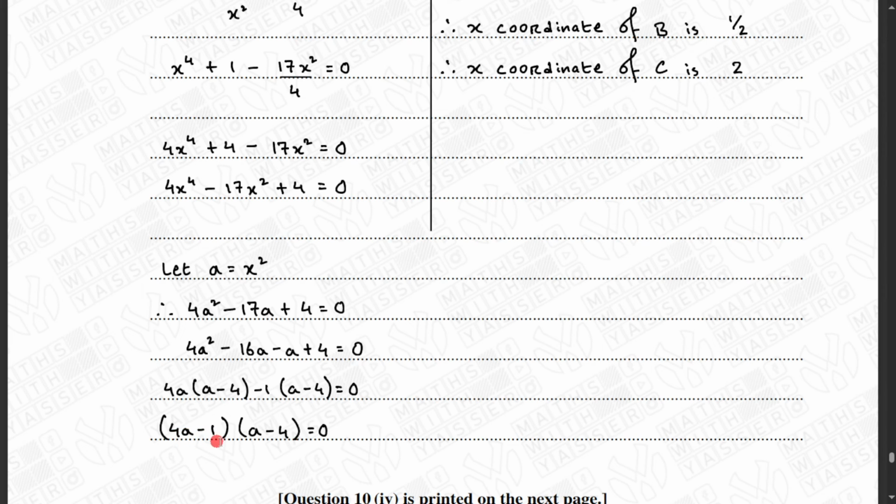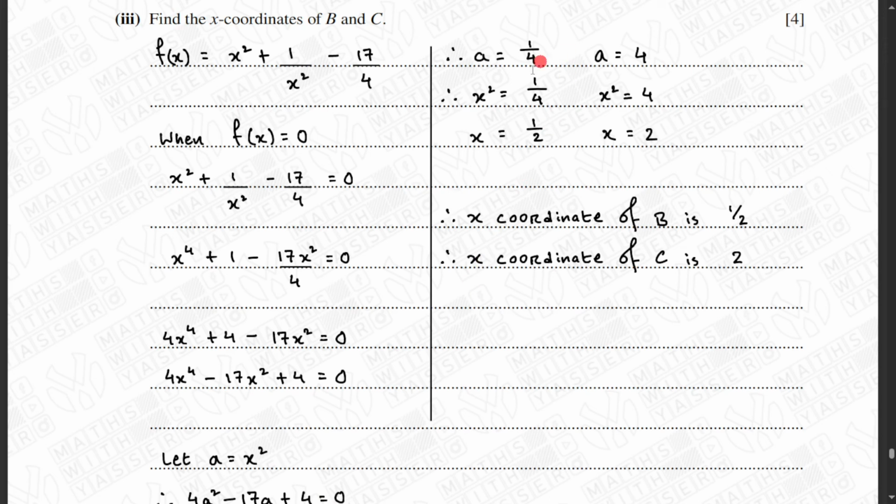So the factors are 4a minus 1 and a minus 4 equals 0, which means a is 1 over 4 and a is positive 4. That means that x square is 1 over 4 and x square is 4. If I square root both sides, I get x is equal to positive half and x is positive 2. Since the point B comes before the point C, the x coordinate of B must be half and the x coordinate of C is positive 2.